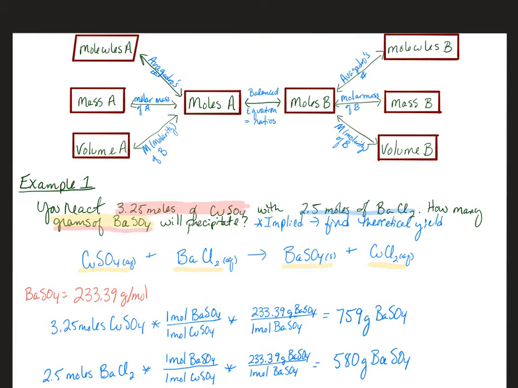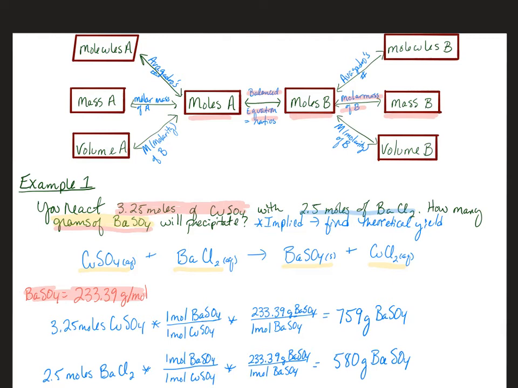So if I'm going to highlight for you in red where we're going with CuSO4, we start with moles of, let's call that A. We end up in grams of BaSO4, so we're going to say that that's B, which means that we have to go through the route of moles of B. That tells me that what I need to get there is the balanced equation. We've already got that. But we also need the molar mass of B, which in this case is BaSO4. So that's the reason why I found this already. See how this is a great little trick?